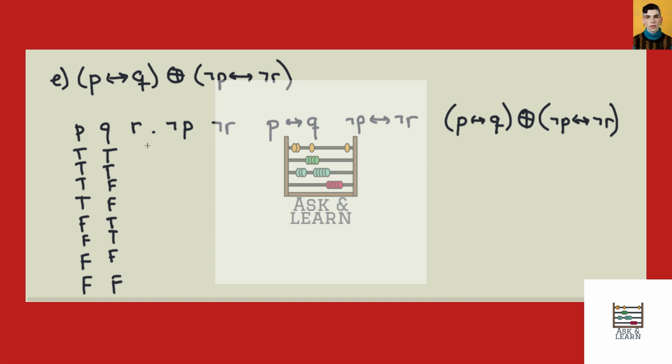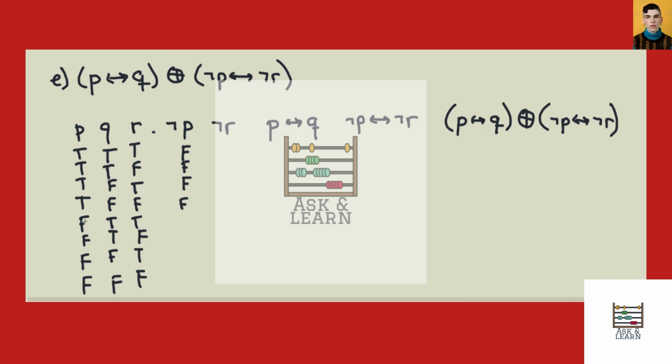For R, true, false, true, false, true, false, true, false. Now, the negation of P, you look at the truth values for P that we have here, and we know it'll be the opposite. So the first four are true, so that changes to the first four as false.